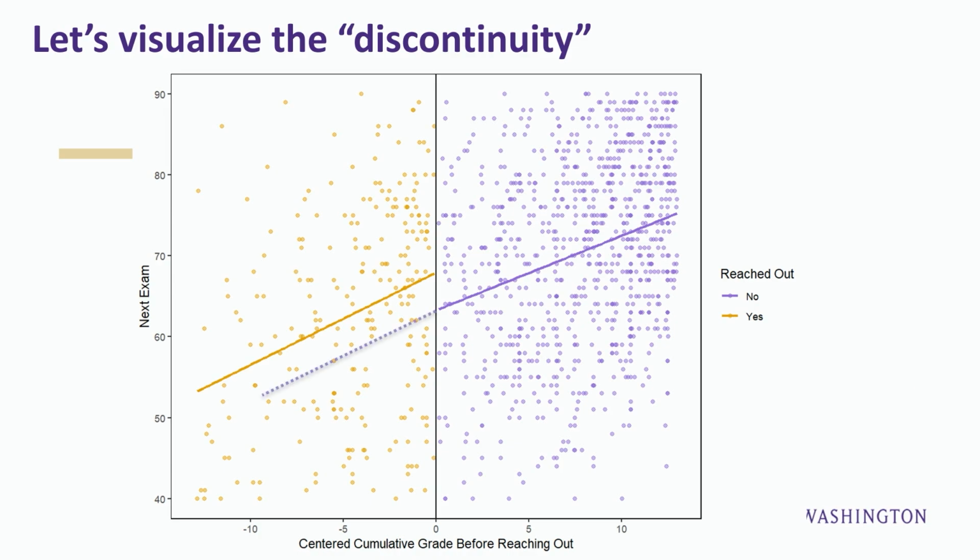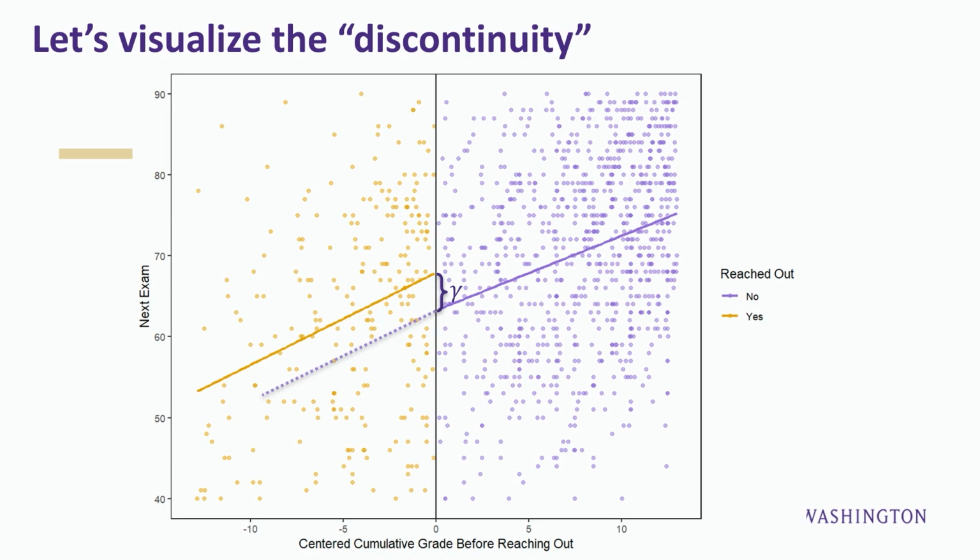If we extend the purple line backwards, that's the regression line we would expect to see if there were no intervention at all, because it's just one positive linear relationship. But now we have a jump at the threshold, and that's the effect of the intervention we're going to estimate, and we call it gamma.